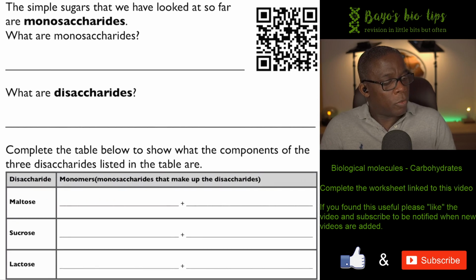So the simple sugars that we have looked at so far are monosaccharides. What are monosaccharides? It comes from the Greek words for one, mono, and then saccharide, which is sugar. So these are single sugars, in essence the simplest carbohydrates.